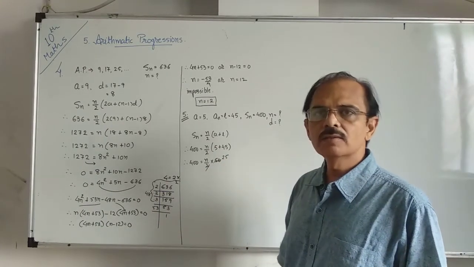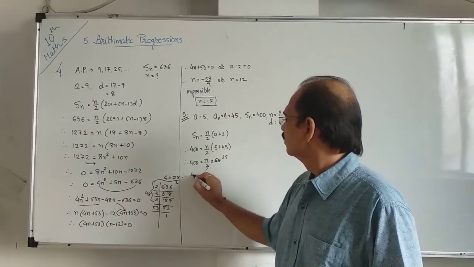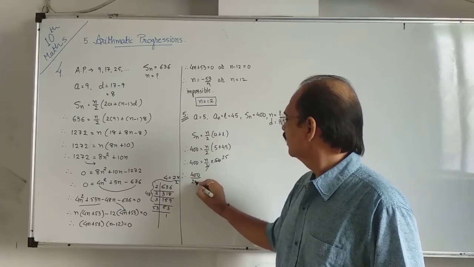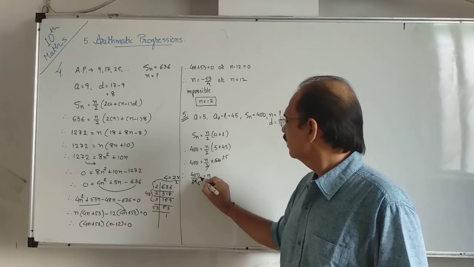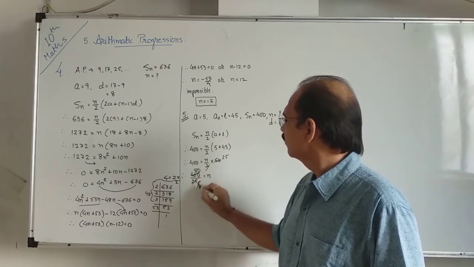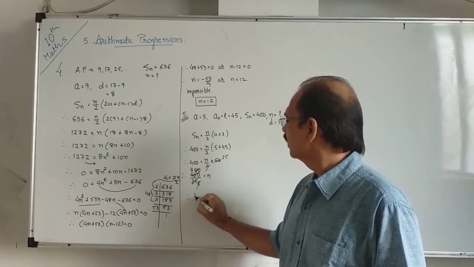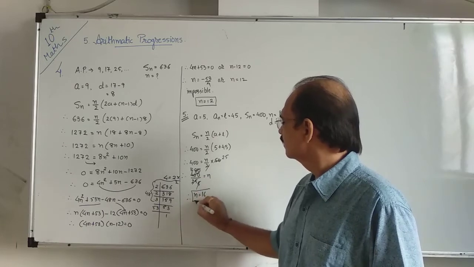Now 25 is in multiplication, move down. So 400 divided by 25 equals n. 25 sixteens are 400. So n equals 16.